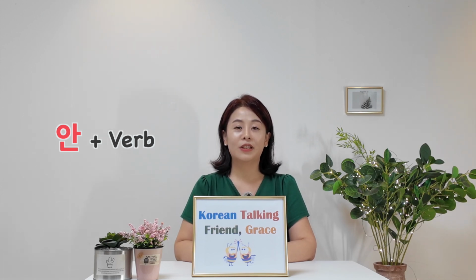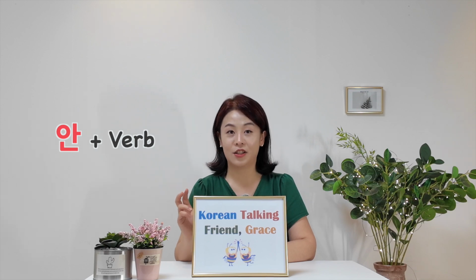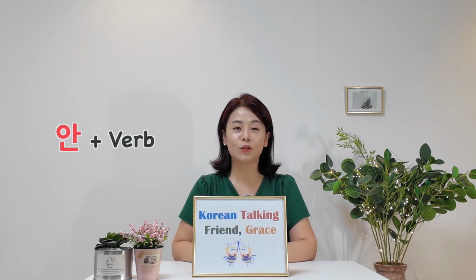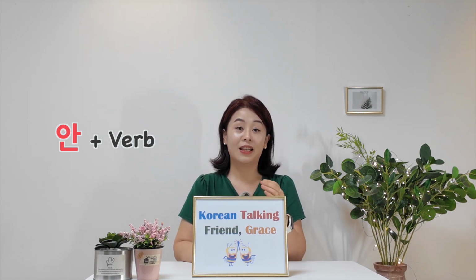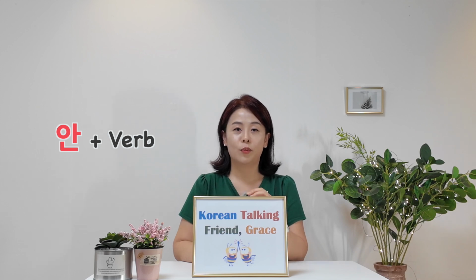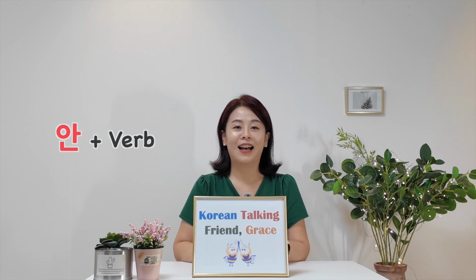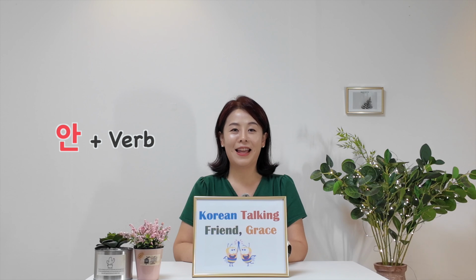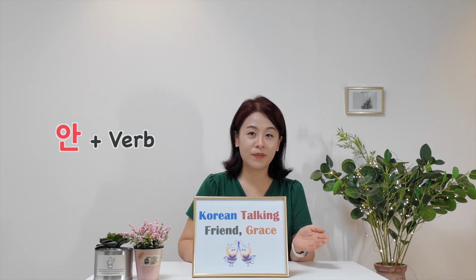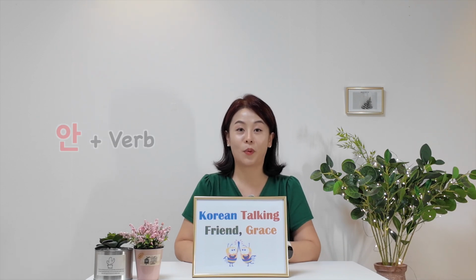It's similar to "not" in English, although in English you may need to put in does, do, or cannot, more words. But in Korean, 안 is, I guess, more simple. So 안 and a conjugated verb in proper form is the negative sentence form.